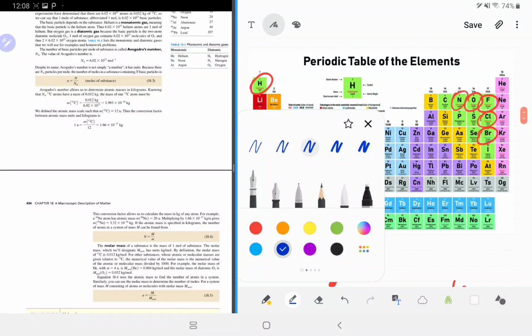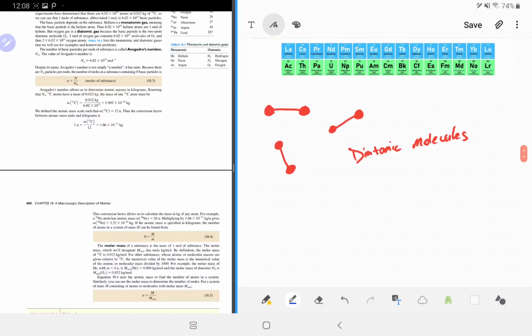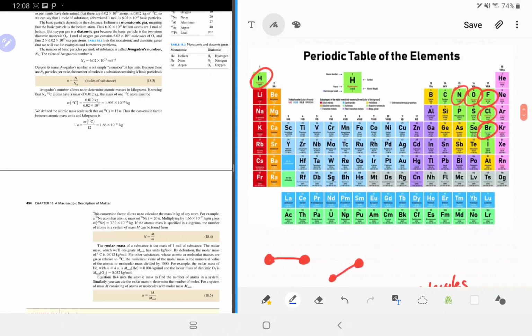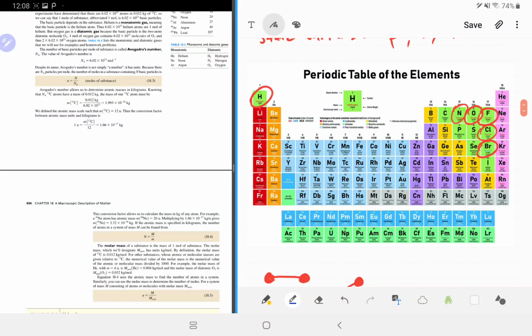This is to be contrasted with monoatomic atoms. So some things just exist as single atoms, and they're not paired up like this. This is monoatomic. The ones that are monoatomic are helium, neon, argon, krypton, xenon, radon.